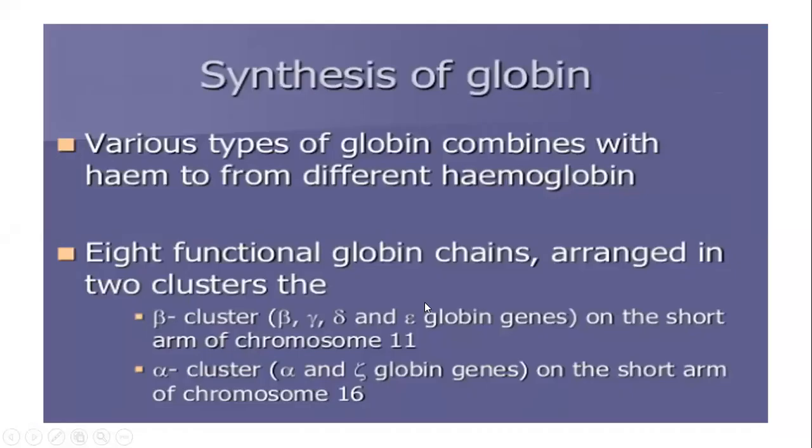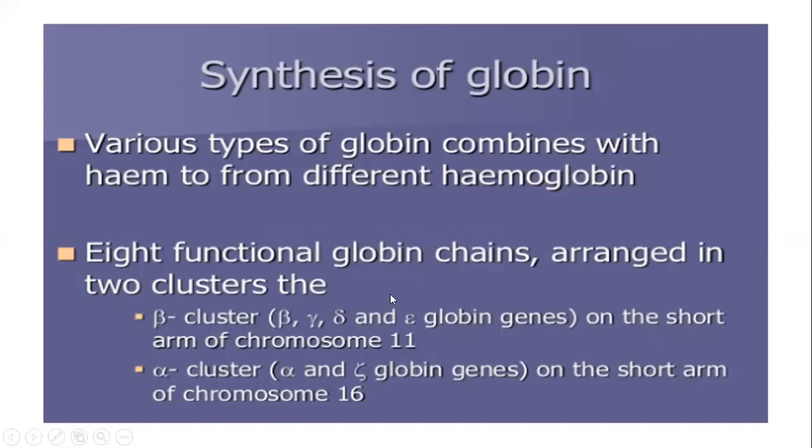So what about the globin chains? The globin chains, as I did mention, must combine with the heme component for us to form hemoglobin. Now, there are 8 functional globin chains generally that are arranged in 2 clusters.